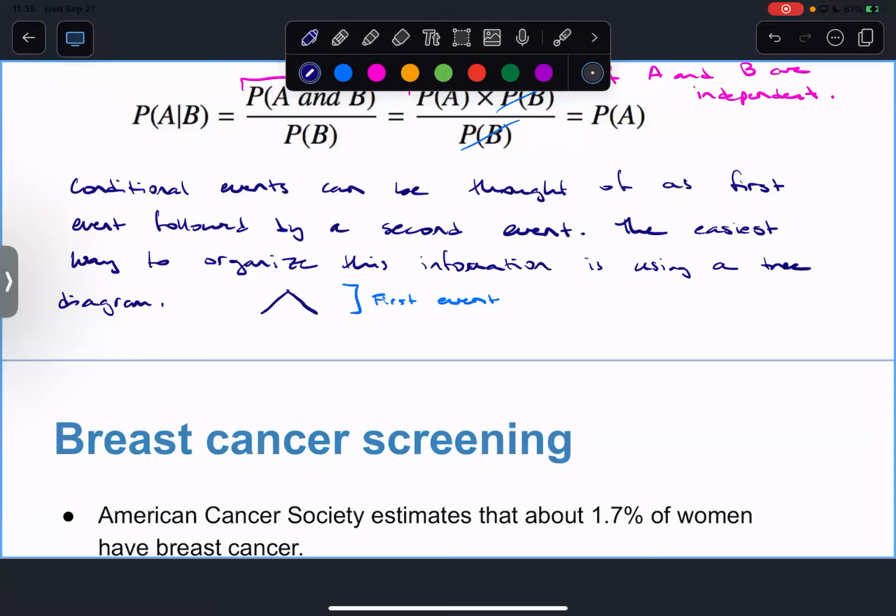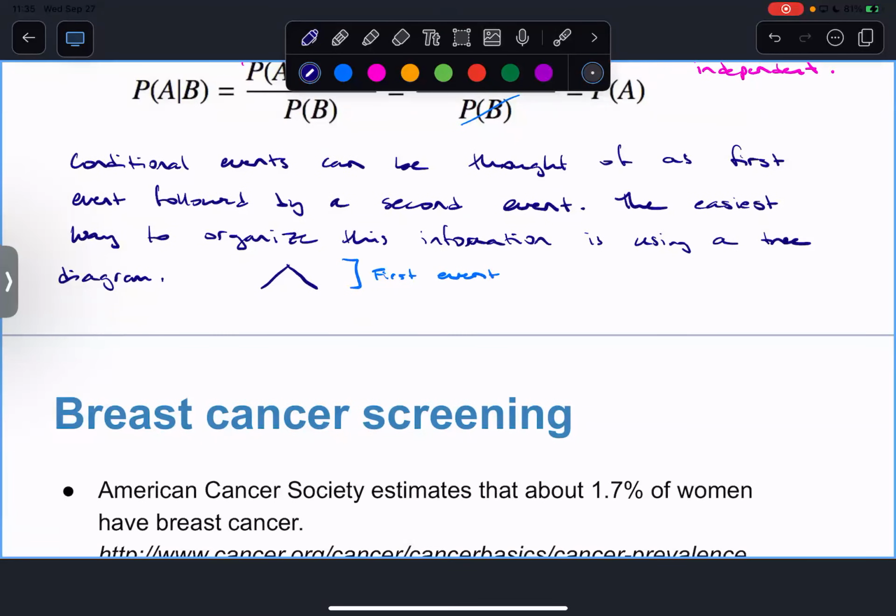Let's say I draw a red card, or not a red card. There's a method to my madness there, right? I've got red and black cards in a deck of cards, but it's easier to think of if I draw a red card or not a red card.